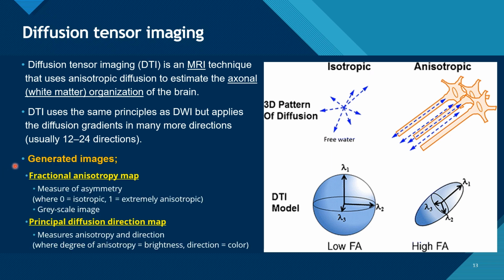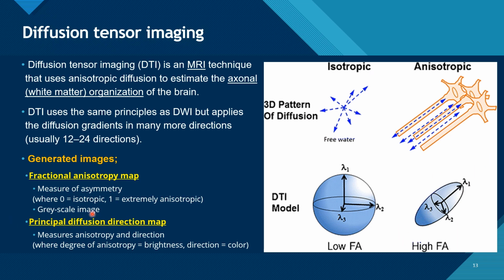The generated images from the diffusion tensor imaging, and these are only the main generated imaging, we have other parameters, but it is beyond the scope of this lecture. We have fractional anisotropy map, and this is representative of the degree of asymmetry or the degree of directionality of this diffusion, where 0 is isotropic, where diffusion can occur equally in all directions, and 1 is extremely anisotropic, where the majority of the diffusion only occurs in one direction.